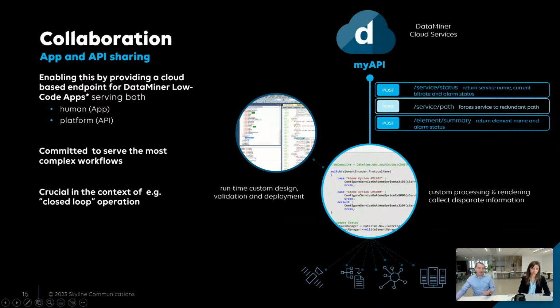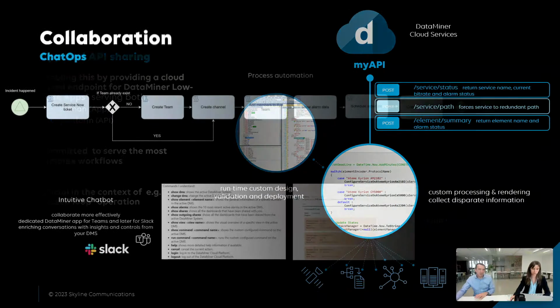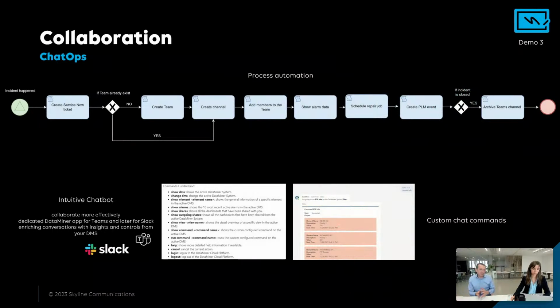Then another deliverable under the same umbrella is ChatOps, where ChatOps is giving our users that have their systems connected to the DataMiner.services platform the possibility to interact with DataMiner either directly or include DataMiner in their conversation channels on Microsoft Teams or Slack.